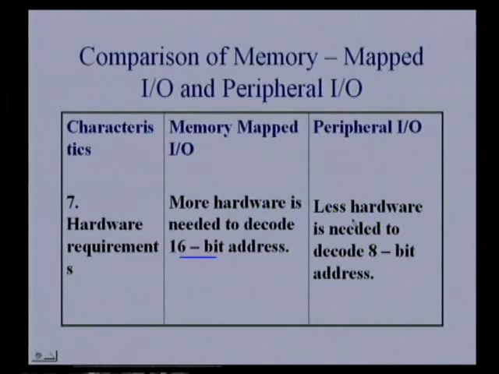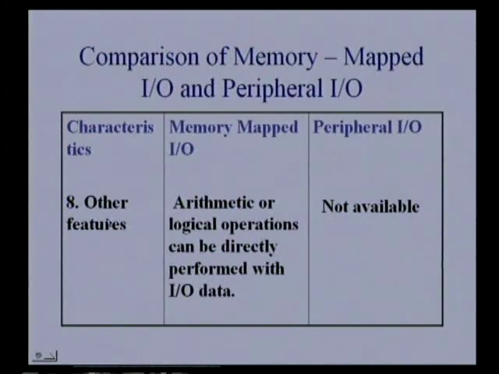Whereas in peripheral IO, less hardware is needed to decode the 8-bit address. And other features: arithmetic or logical operations can be directly performed with IO data. Whereas in peripheral IO, this facility, that is, doing arithmetic or logical operations on data, is not available.